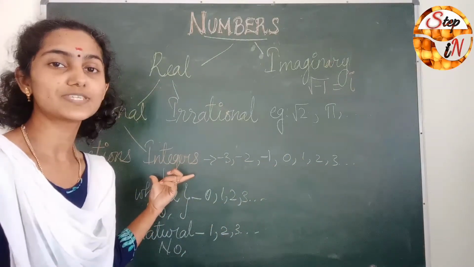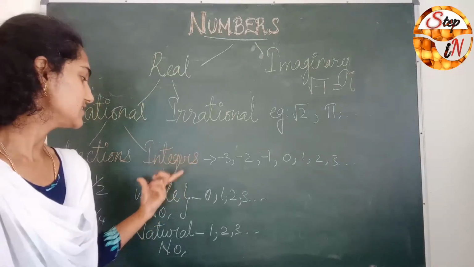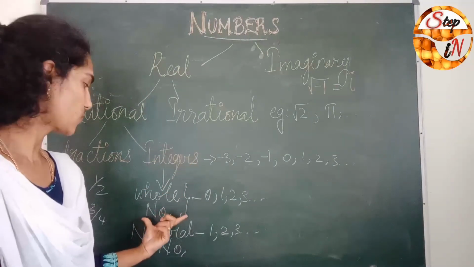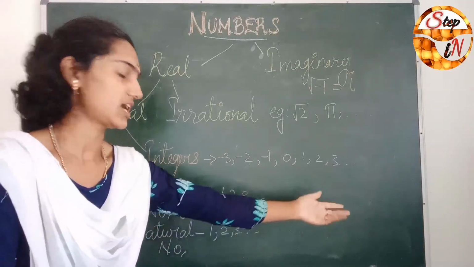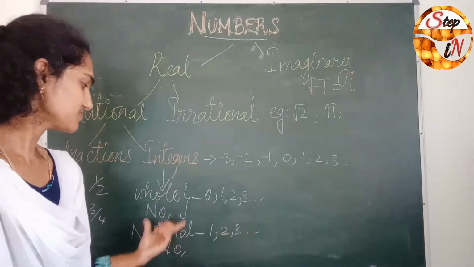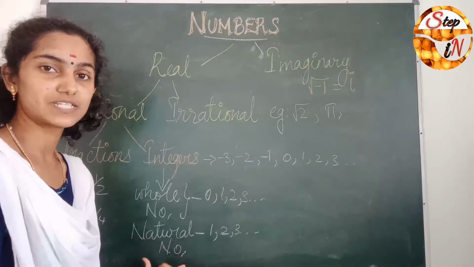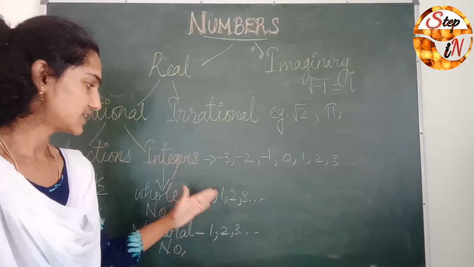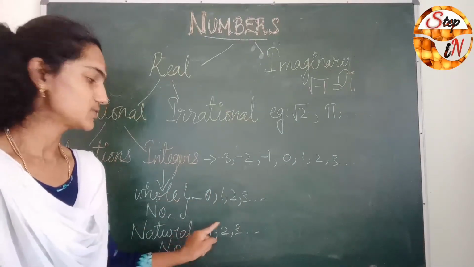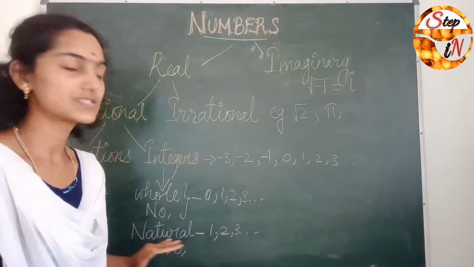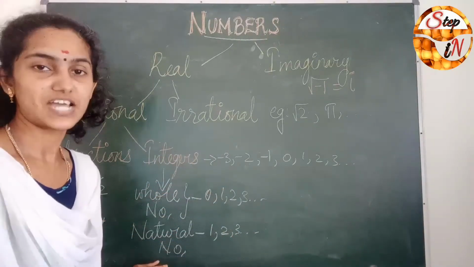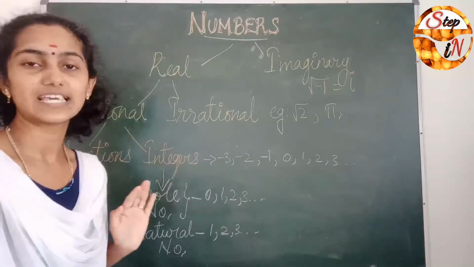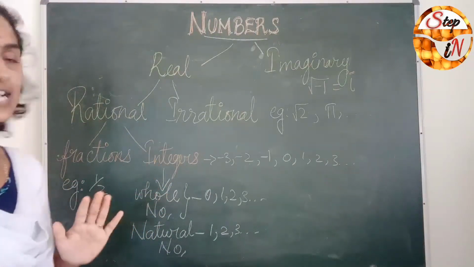Integers split up into whole numbers, that is 0, 1, 2, 3, etc. And whole numbers split up into natural numbers, that is 1, 2, 3, etc. without 0. Mostly we deal with natural numbers, whole numbers, integers and fractions.